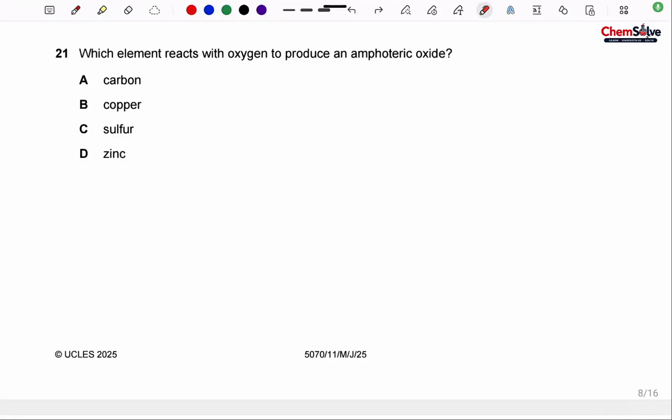Okay, question number 21. Which element reacts with oxygen to produce an amphoteric oxide? Okay, before starting this question, let's understand what amphoteric oxides are.